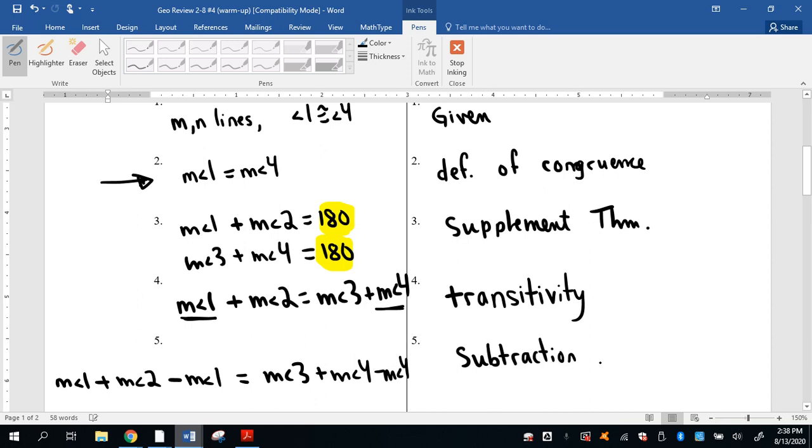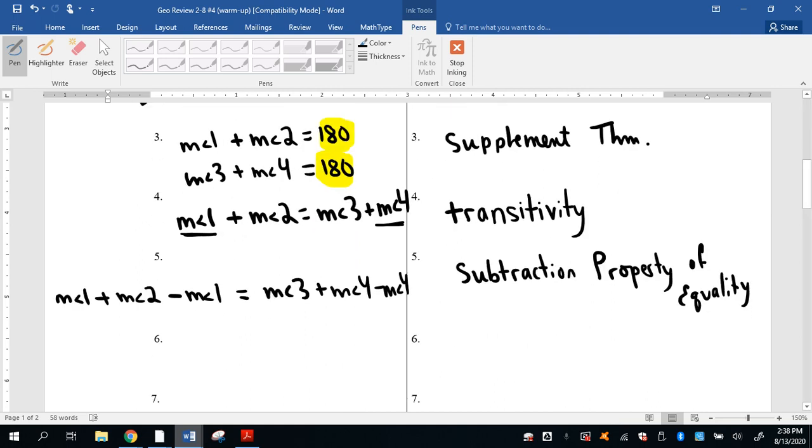If you know your segment addition proofs well, these angle proofs are really easy. They're just the same concept. So now we're just subtraction property of equality. After that is subtraction. So we're left with measure of angle 2 equals measure of angle 3.